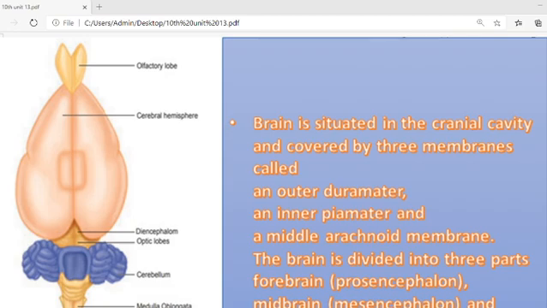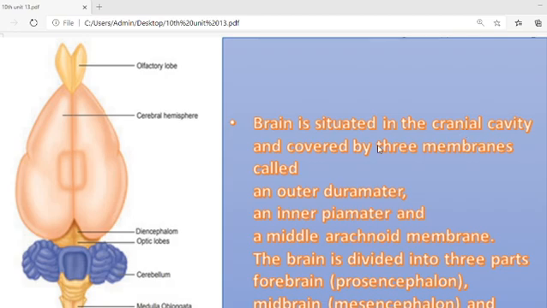Okay, so this is the brain of rabbit. The brain is located in the cranial cavity. Cranium means the skull region; inside the skull there is a soft tissue, that is the brain.